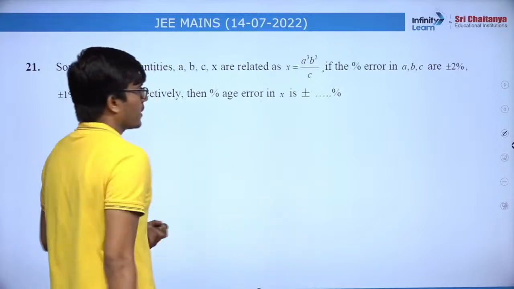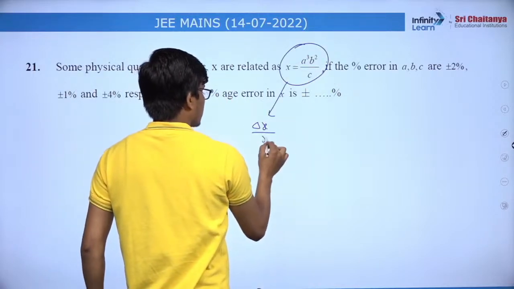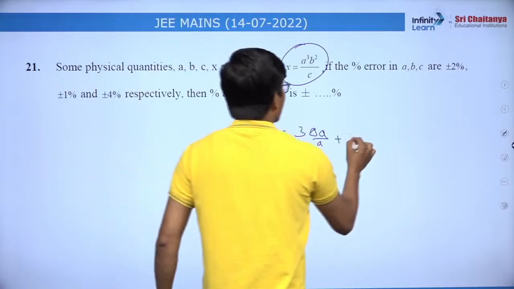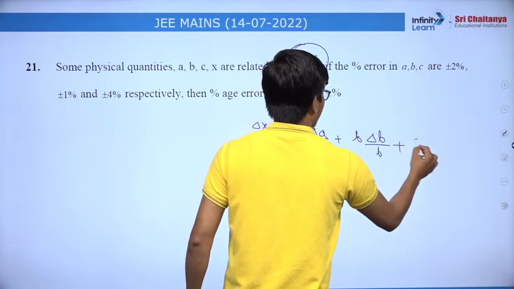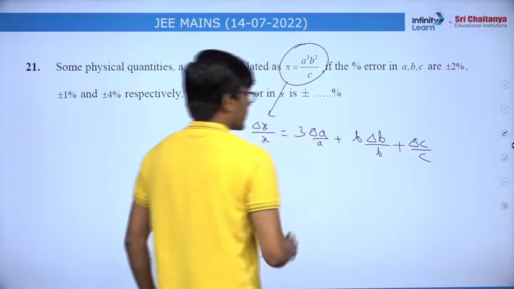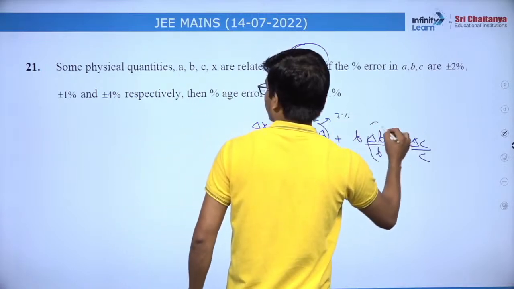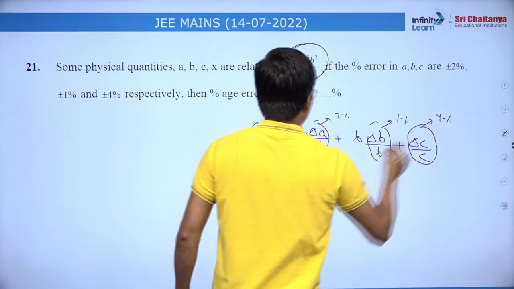Question from error, right? If you have the expression in exponents, then their relative errors you can write like this, right? The power comes in front of the relative error, and you can write like this. Delta A by A is given to you as 2%, delta B by B is given as 1%, delta C by C is given as 4%.